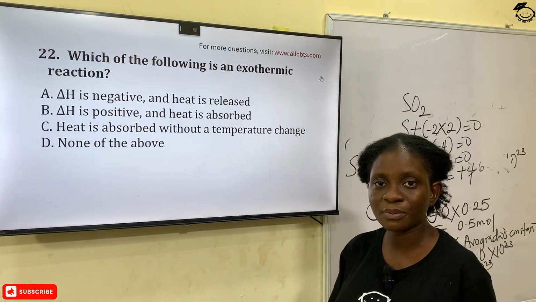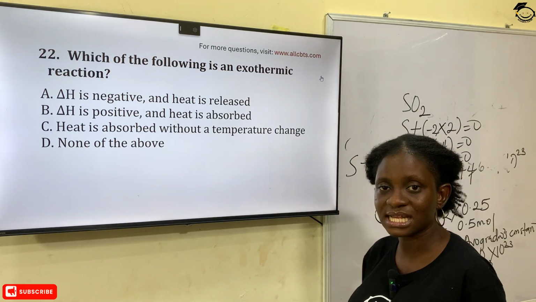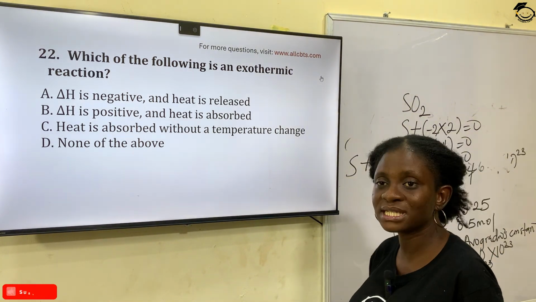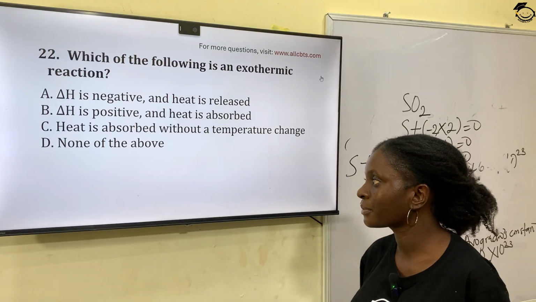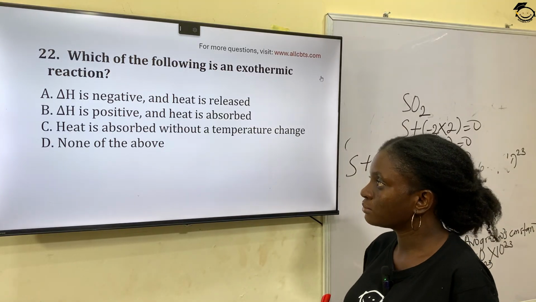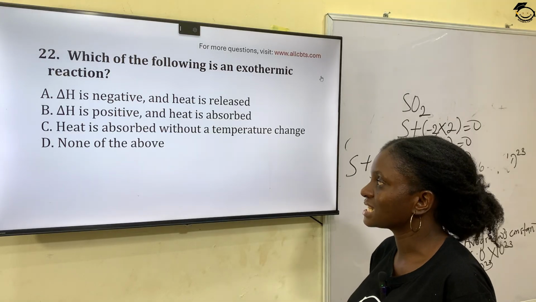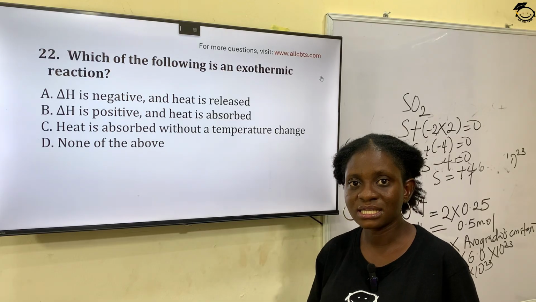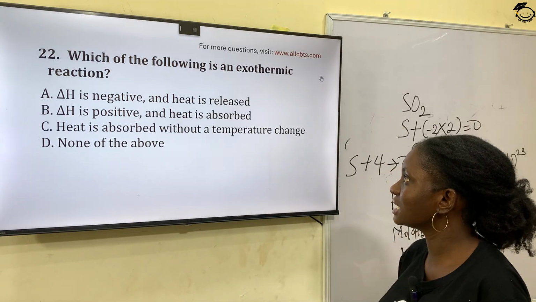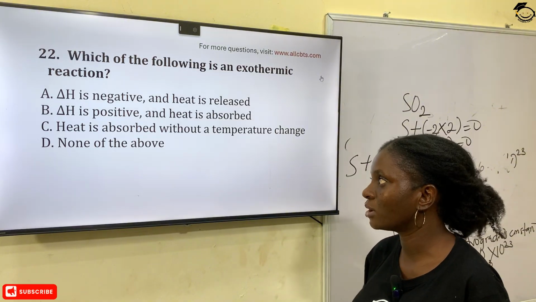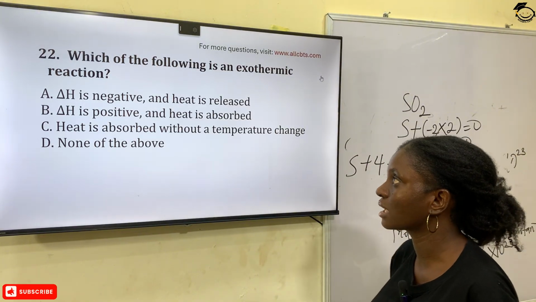B, delta H is positive and heat is absorbed. C, heat is absorbed without a temperature change. D, none of the above. So option A, delta H is negative and heat is released, is what is known as an exothermic reaction. Option A is the correct answer.